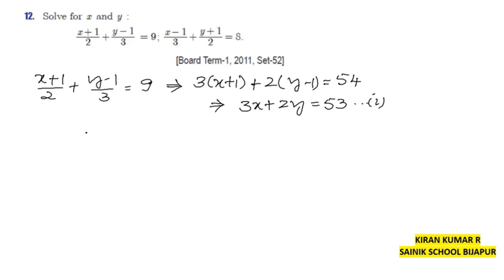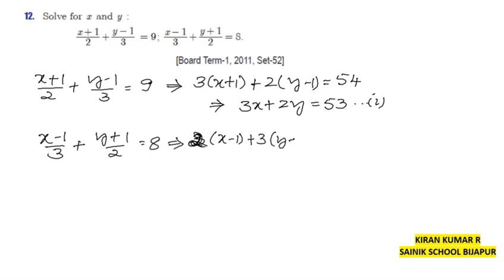Now I'll get equation 2 with the second equation given, (x minus 1) by 3 plus (y plus 1) by 2 equal to 8. Let's simplify this. Again, the LCM is 6. So this has to be multiplied with 2. 2 times of (x minus 1) plus 3 times of (y plus 1) equal to 6 times 8, nothing but 48.